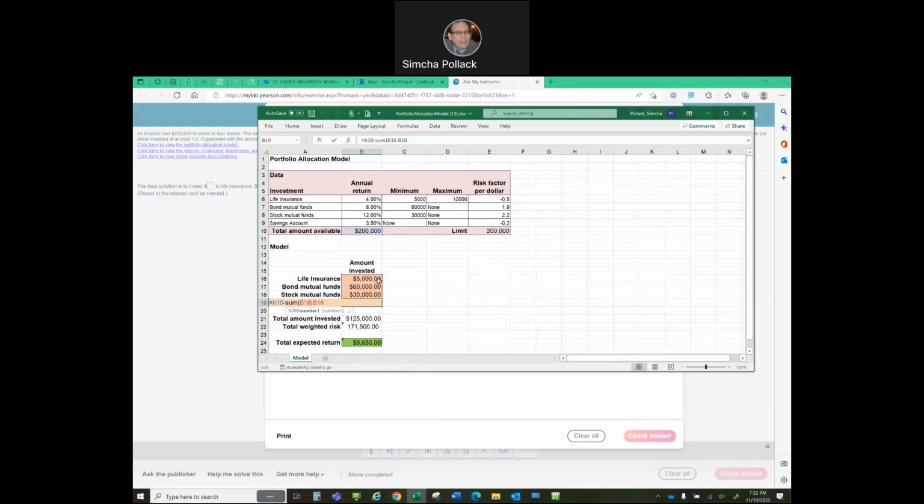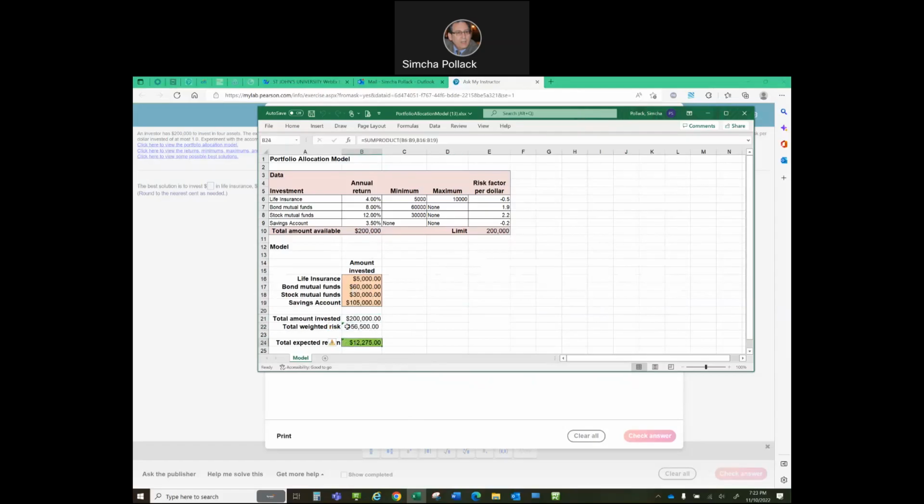Left out a parenthesis. So by definition, this will add up to 200,000. Right, it does. And since this adds up to 200,000, the amount invested is 200,000. The total risk will be this times this, 60,000 times 1.9, etc.